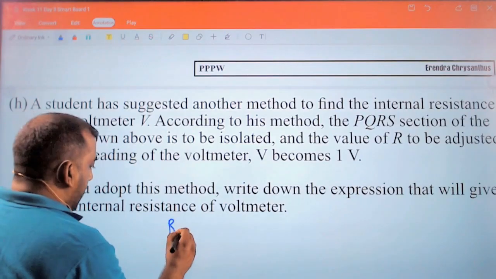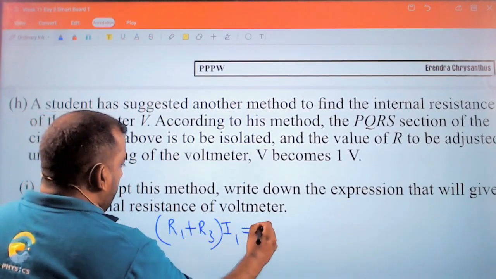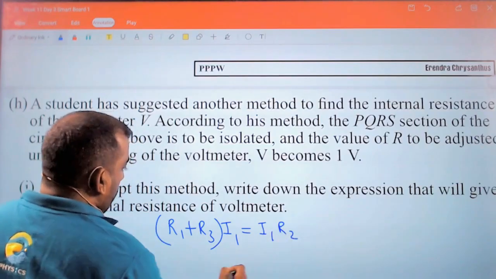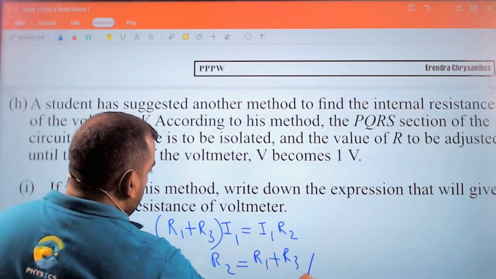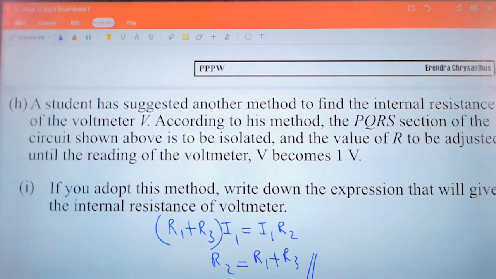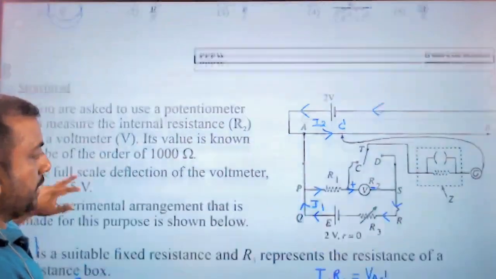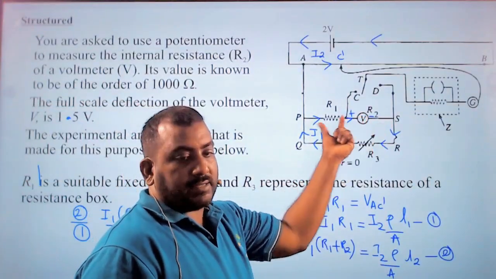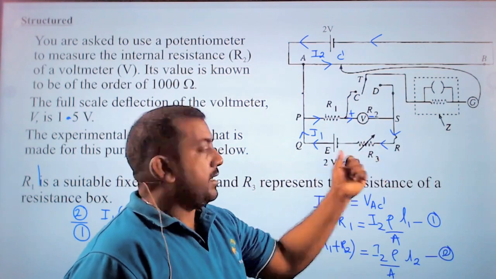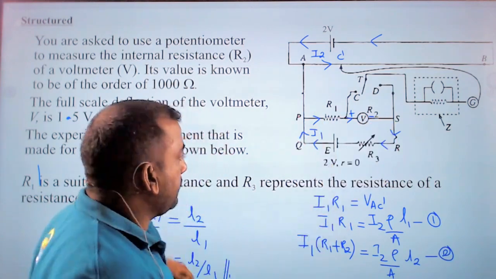So I can say R1 plus R3 times current I1 equals I1 times R2. Internal resistance is R1 plus R3. Look at the circuit. Supply voltage 2 volt. Here 1 volt means the remaining 1 volt across this. So I1 times R1 plus R3 equals I1 times R2.